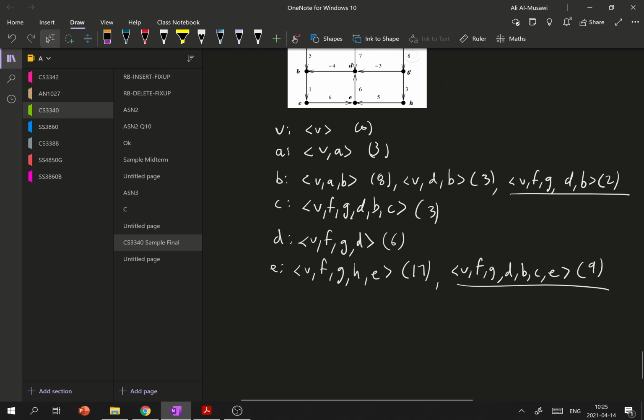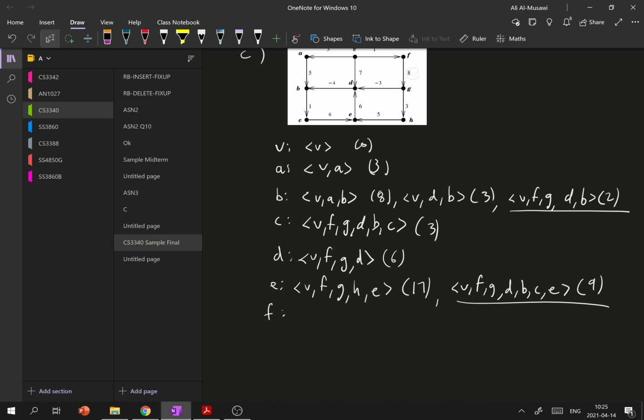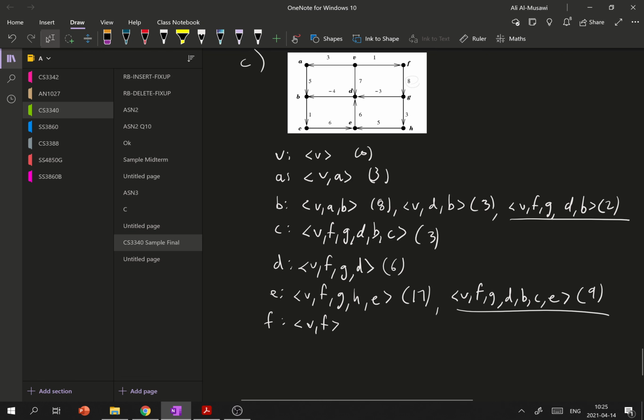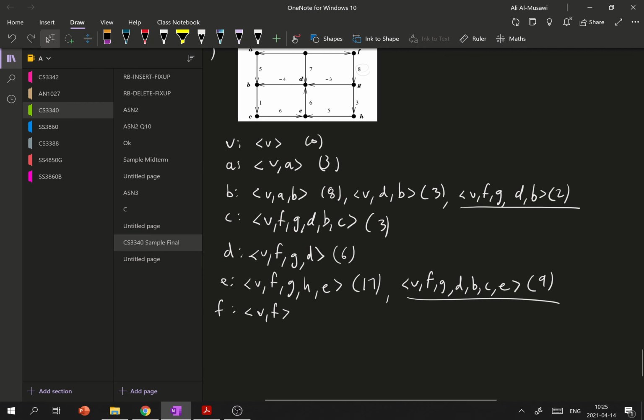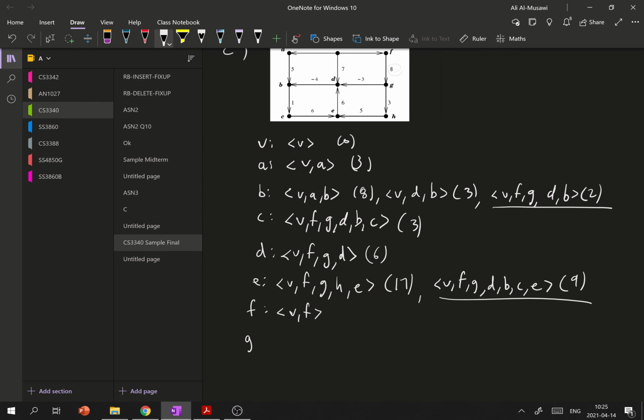Next would be F. Notice the best path always contains VF, so that's VF. There's only one path anyway, there is no other path. Alright, what about G? Again, the best path always contains VFG.